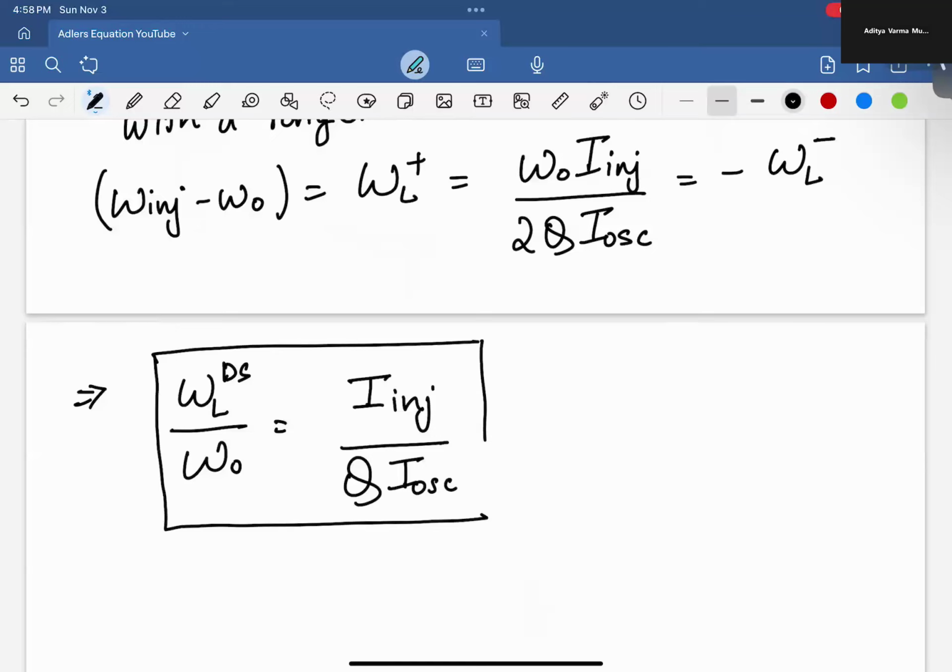So essentially, if the injected signal is strong, then the locking range increases. And if the quality factor is high, the locking range actually decreases. I mean, you can't really lock to an ideal oscillator, which doesn't have any quality factor. Essentially, if the quality factor is infinity, you can't lock to that. And we'll discuss the dynamics in more detail in future videos and see why that's the case.